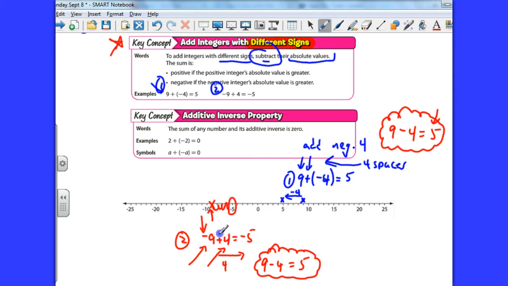The bigger absolute value is negative, so that's really a negative value, but you do the arithmetic as subtraction in your head. And that's how you can do this quickly in your head, and that's eventually what we want to end up doing, addition and subtraction quickly in your head. That's the hope.